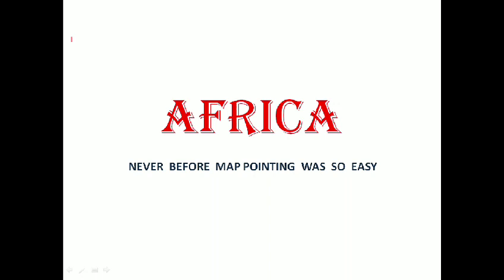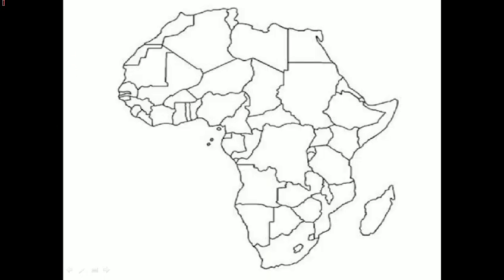It is surrounded by the Mediterranean Sea to the north, the Suez Canal and the Red Sea. Here we have the Suez Canal and the Red Sea along the Sinai Peninsula.